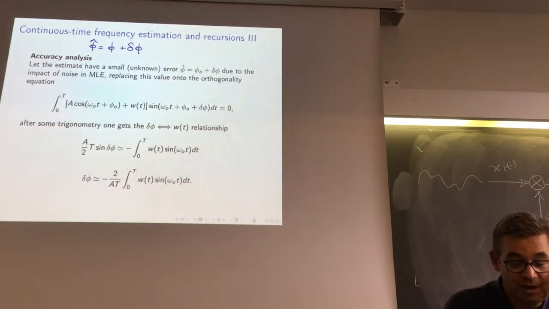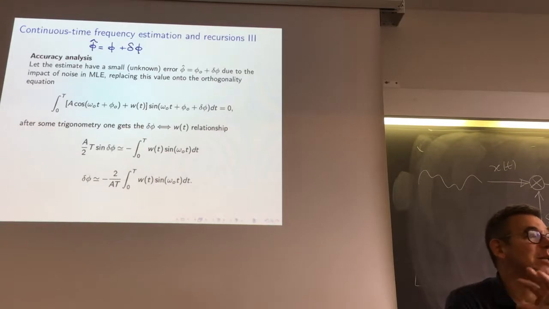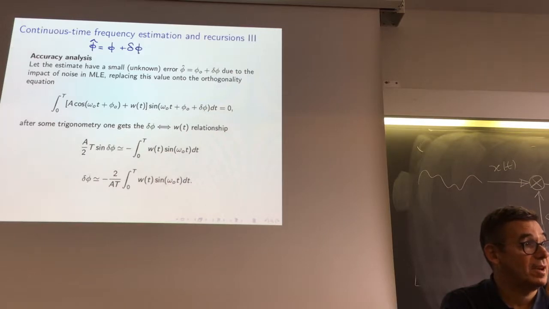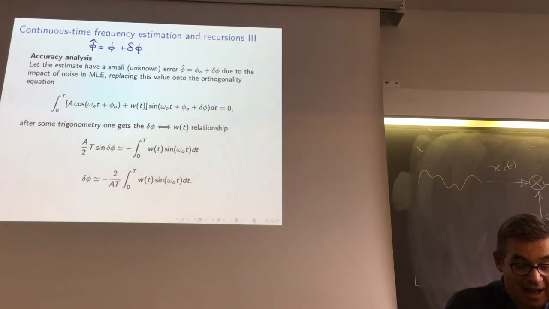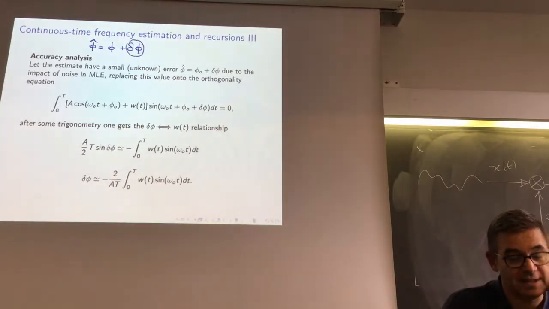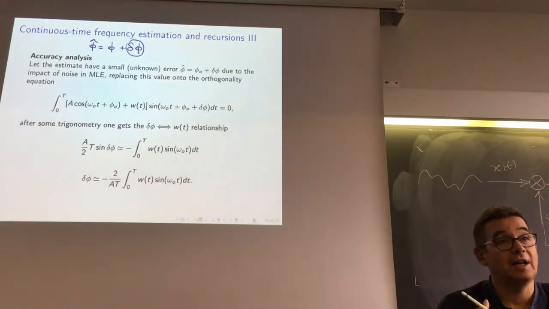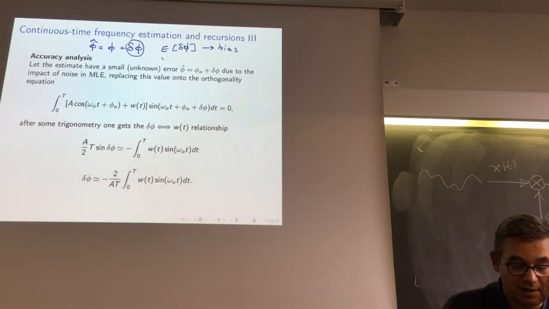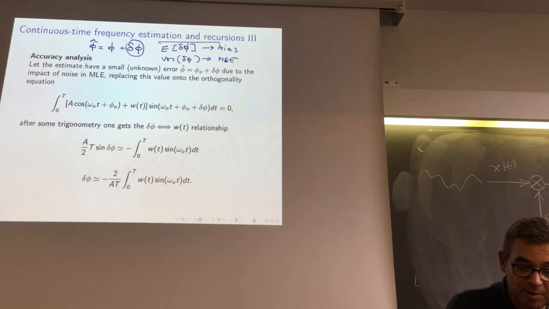So I need to separate the estimated value into these two pieces. Once I get an explicit form of this delta phi, I can calculate the expectation of delta phi, which is related to the bias. I can calculate the variance of delta phi, which together with the bias is related to the mean square error. So I have a performance metric.